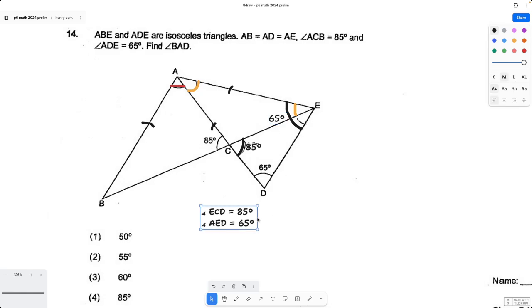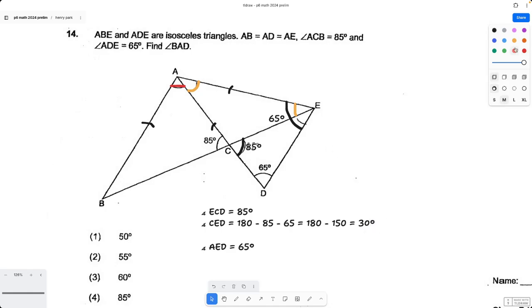So from here, from ECD we can get angle CED. So angle CED is equal to 180 minus 85 minus 65. So I'm just going to combine the last two numbers, 85 plus 65 is 150. Okay, this will be 30 degrees over here.